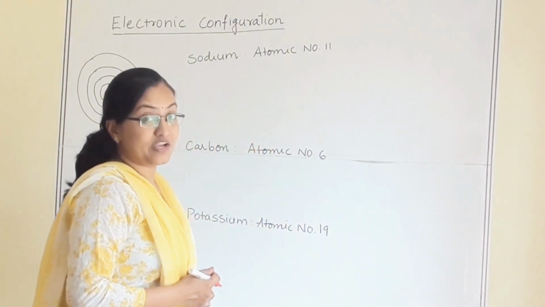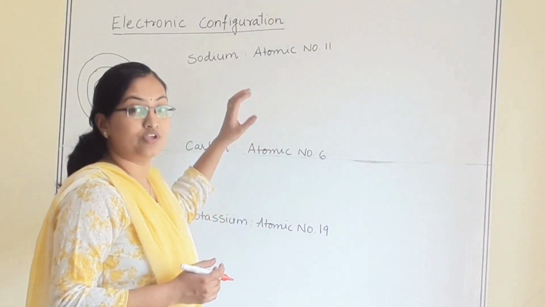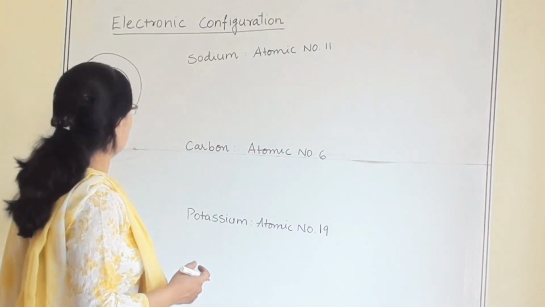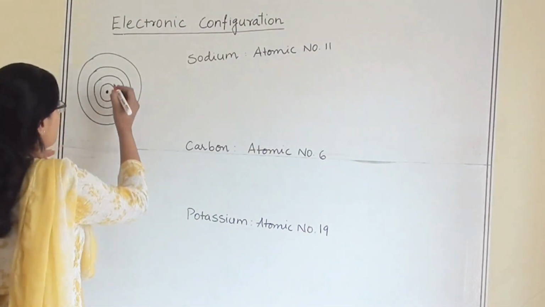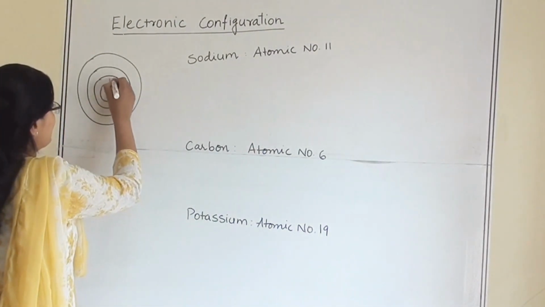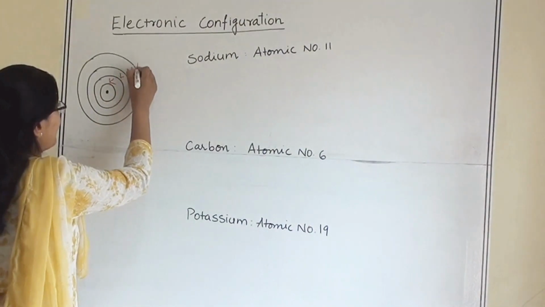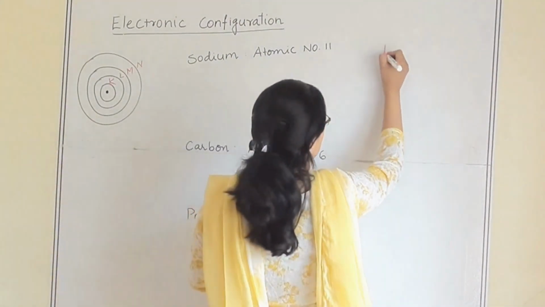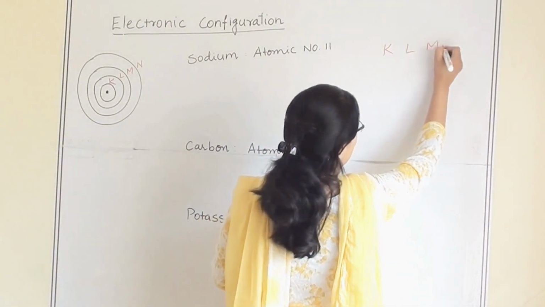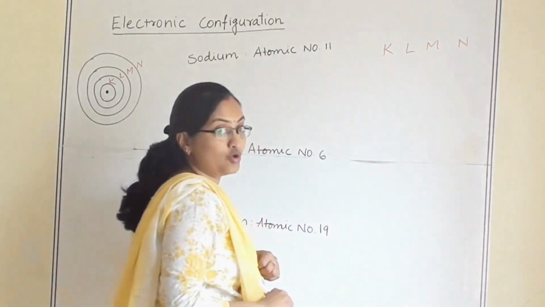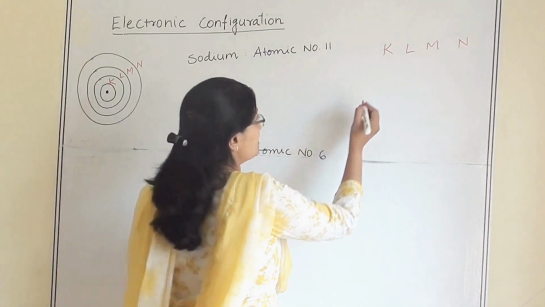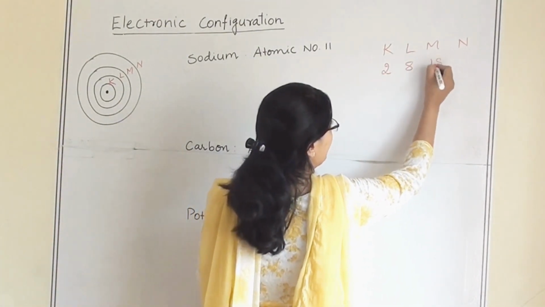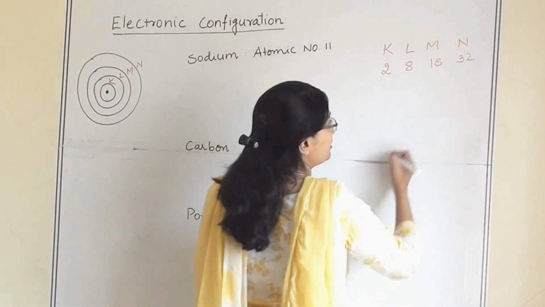So let us try to understand how we are going to write an electronic configuration. First we have sodium. Let us revise our concept of orbitals, that is K, L, M and N. We do have 4 orbitals. So what is the maximum capacity of each and every orbit? 2, 8, 18 and 32.